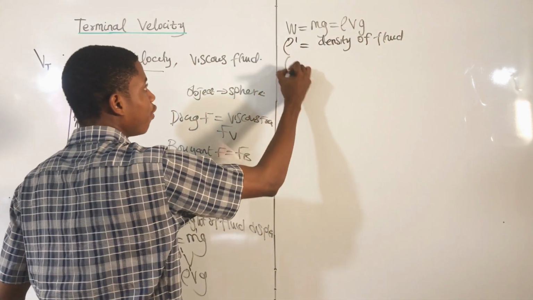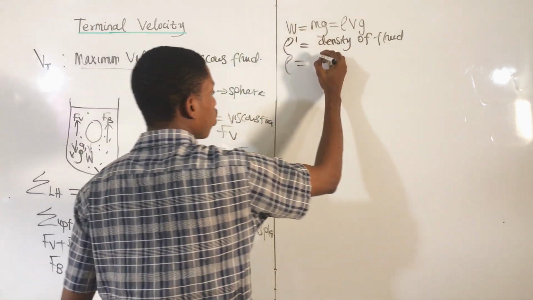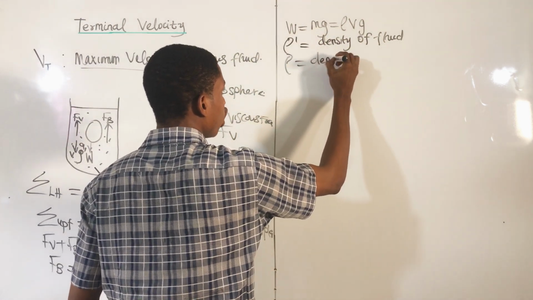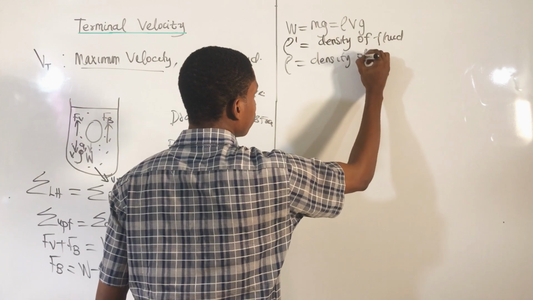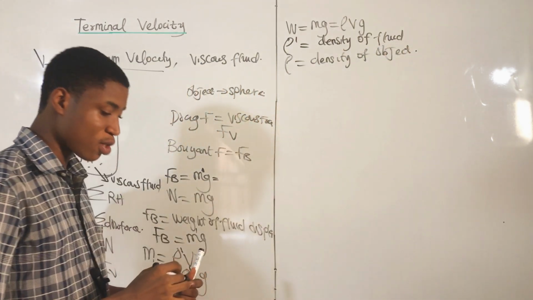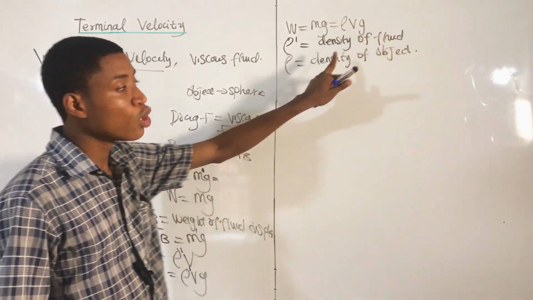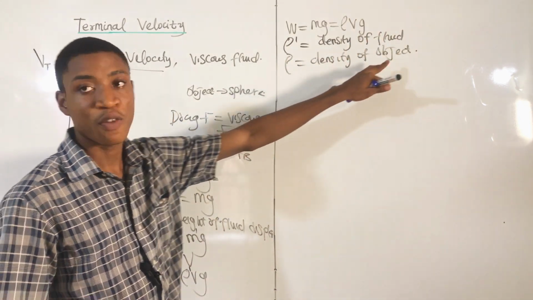And the one that doesn't have a prime, which is the normal density, as a result of the weight, is the density of the object. So those are important concepts. The one that has the prime is the density of the fluid. The one that doesn't is the density of the object.